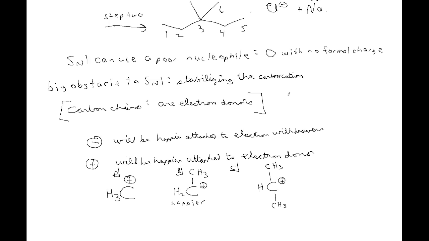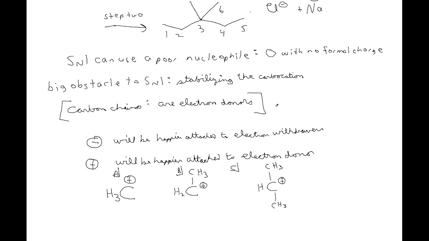Who's happier, C or B? C, because it would be more spread out, the charge. How do you know? Because there's more carbon chains, which are more electron donors. That's right.